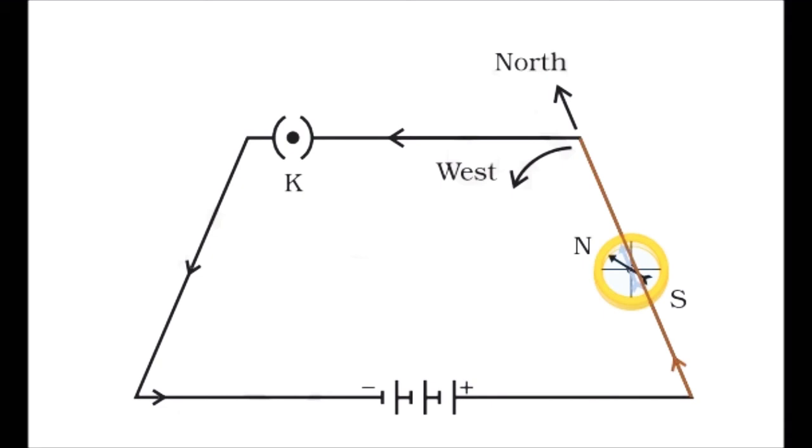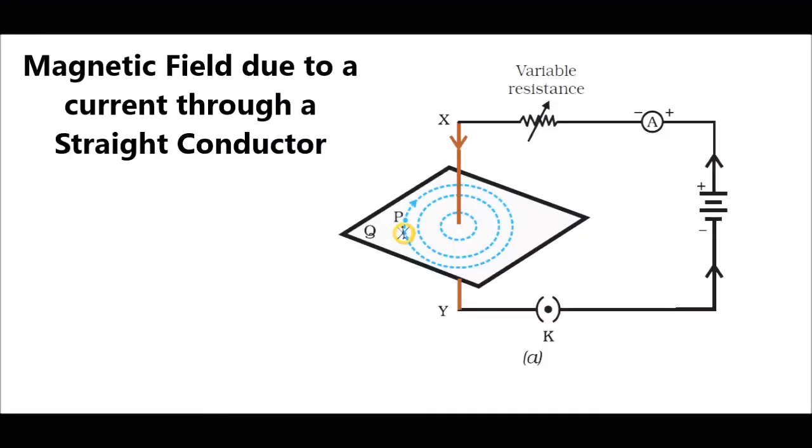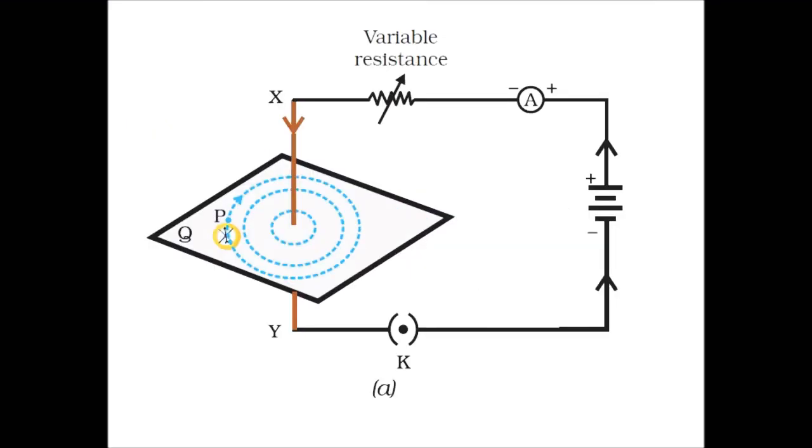Let us now learn the magnetic field due to a current through a straight conductor. If a circuit as shown is formed where the conductor is placed through the cardboard with a variable resistance, that is the resistance which we can vary accordingly, let the current flow through the circuit and sprinkle some iron filings on the cardboard.